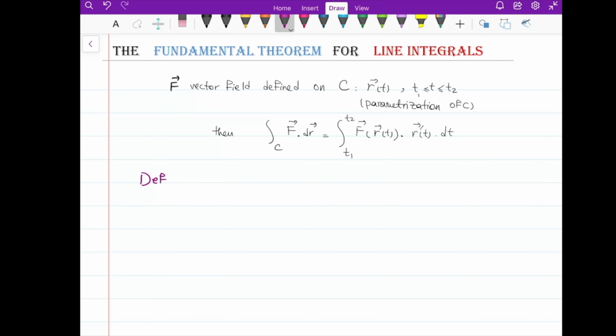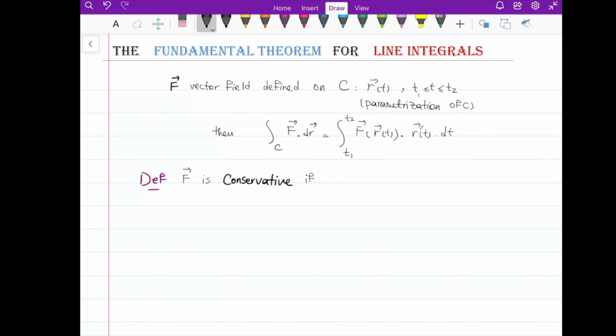Now let me give you a definition. We say that the vector field f is conservative if the vector field is equal to the gradient of a function.